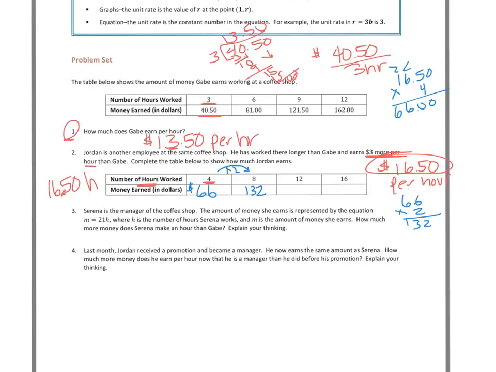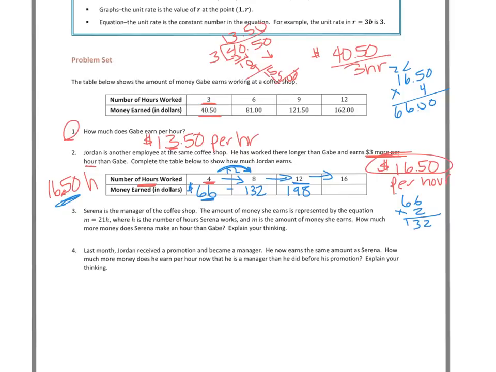So for every 4 that I add, I'm going up another 66, so I could do 12 times $16.50, or I could just add another $66 to that, which is $198, and then I can add another $66 because every time I go up 4, I'm going up 4 to here, 4 here, 4 here.